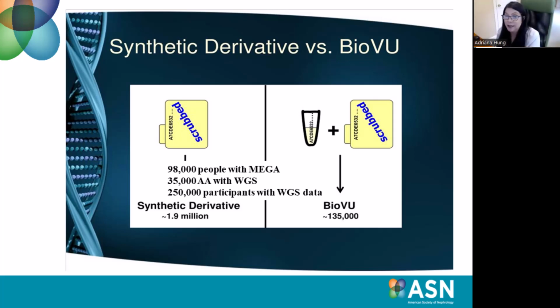For me, that's the strongest aspect of the BioVU synthetic derivative. They are going to reach really soon 250,000 people with whole genome sequencing. So when you want to nest and build studies within a larger biobank, it is easier for me in BioVU.